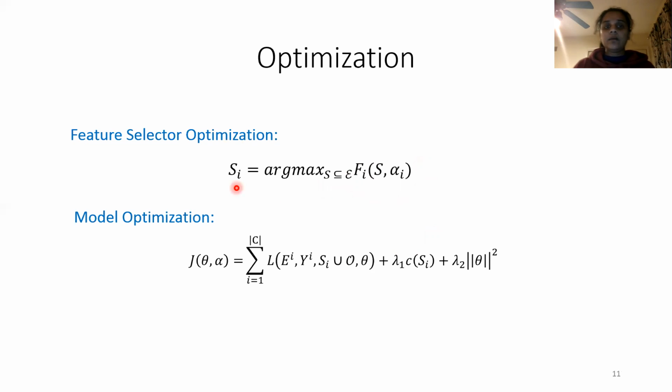Once this feature subset is identified, the model optimization uses just the elicitable subset along with the observed set and optimizes the loss function. This objective function also has the feature acquisition cost of the selected subset, along with the typical regularization component, which is used to prevent overfitting.